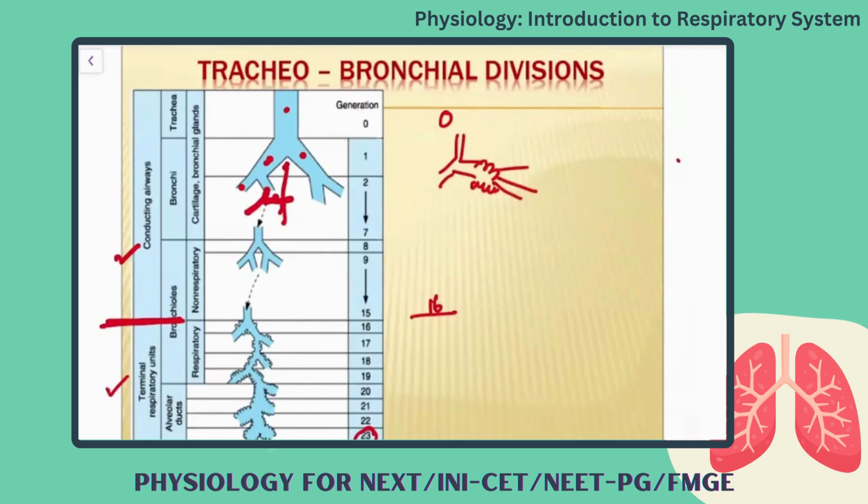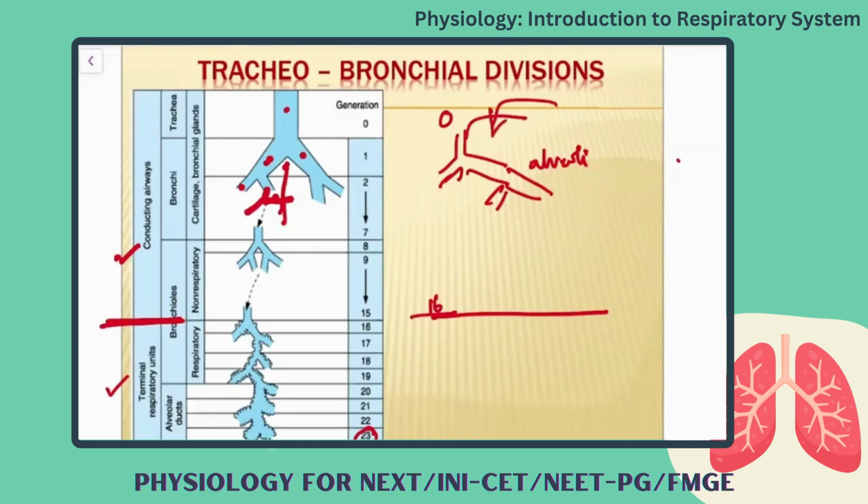In these regions there is no presence of alveoli. There is only the tracheobronchial division up to the 16th division. It means the air enters those divisions from the atmosphere and comes out of those divisions. After the 16th division, from the 17th division up to the 23rd division only, you have the alveoli in these structures.